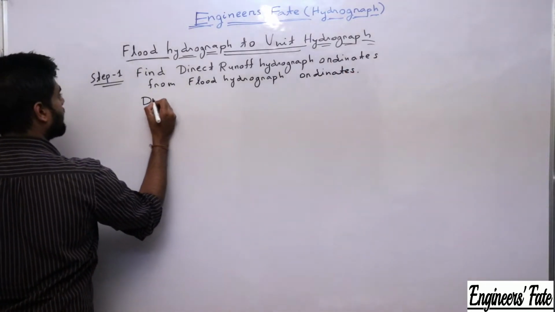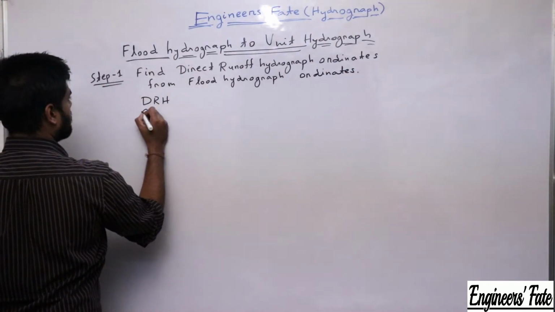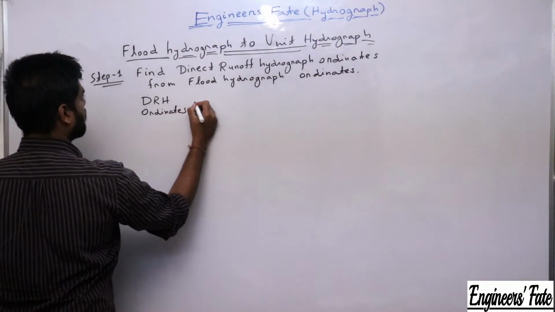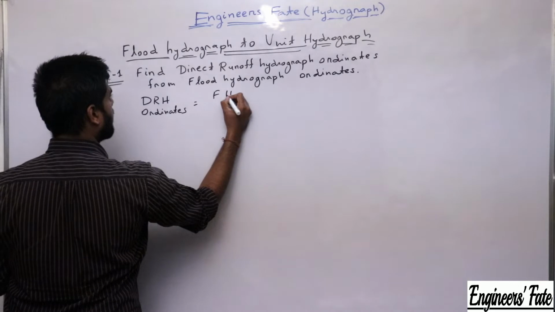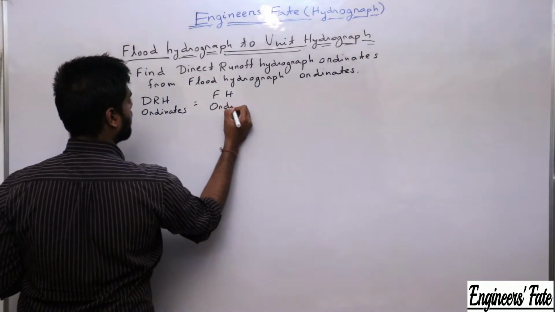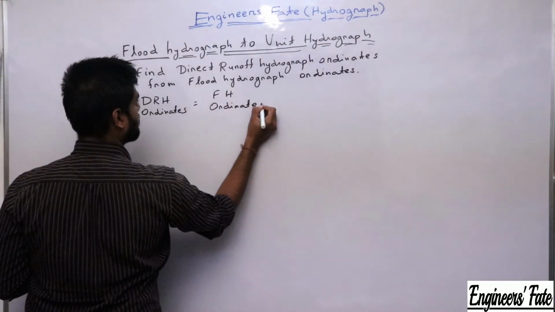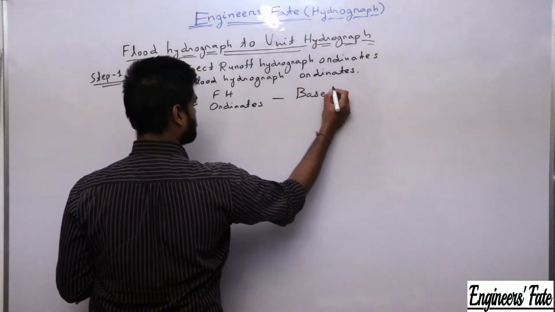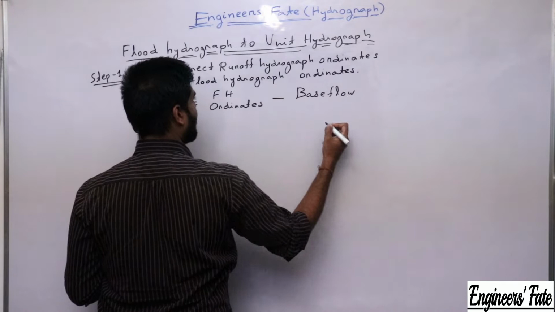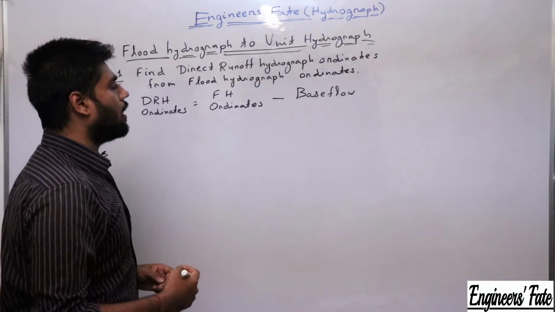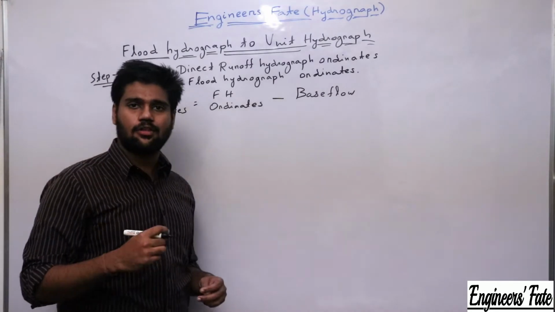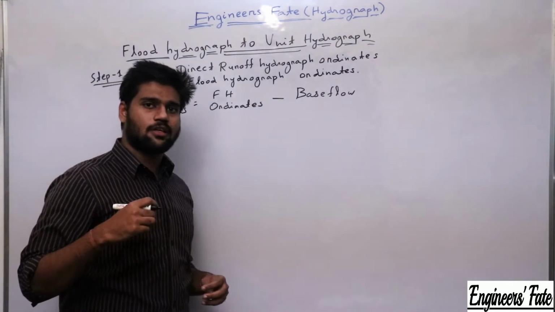So the DRH, direct runoff hydrograph ordinates, equals flood hydrograph ordinates minus base flow. What is base flow? Base flow is nothing but the delayed flow, and I have discussed the base flow in detail in my first video, that is, in the hydrological cycle.